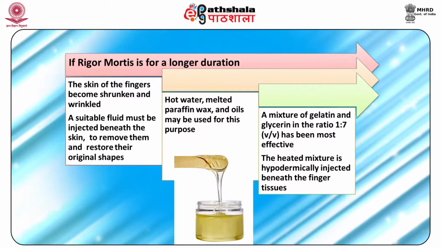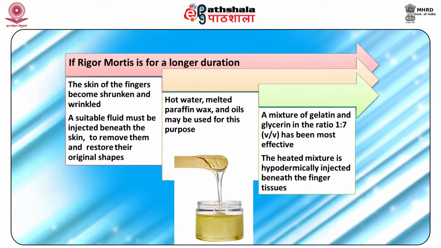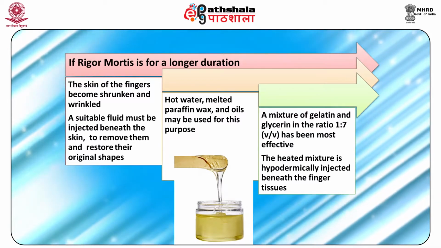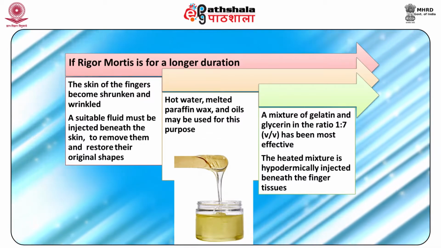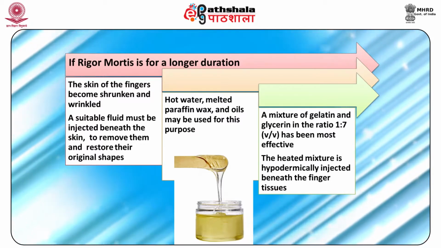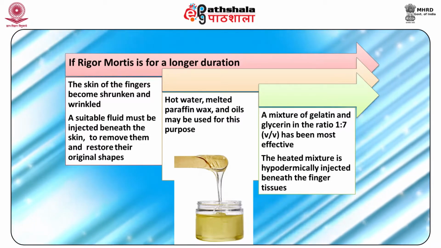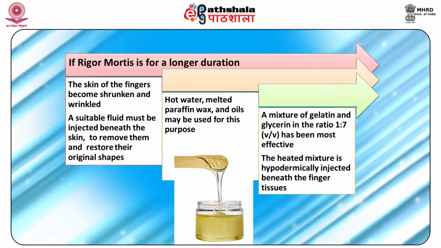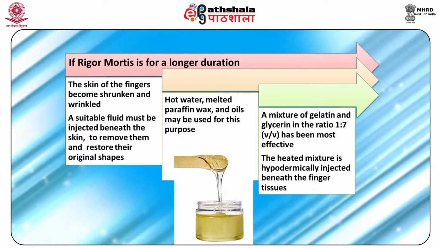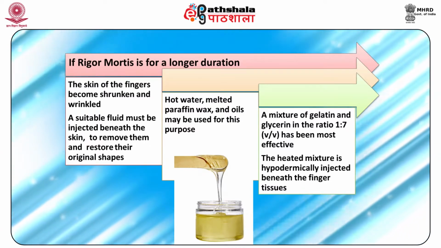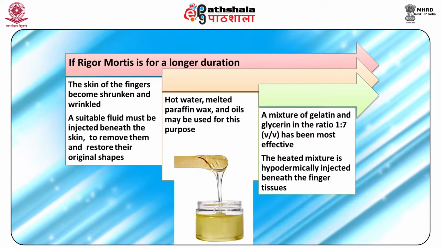If the body has remained in a state of rigor mortis for a long duration, the skin of the fingers become shrunken and wrinkled. In such cases, a suitable fluid must be injected beneath the skin so as to remove the wrinkles and to restore the fingers to their original shapes.